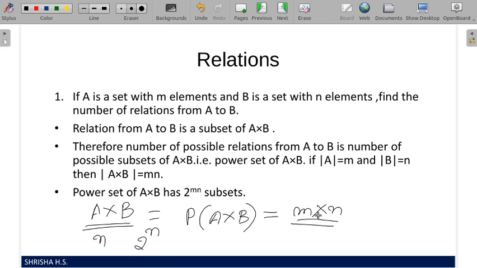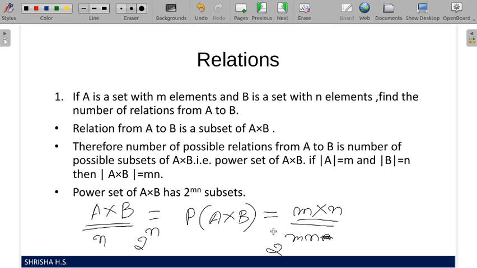So if there are m into n elements in A cross B, then 2 to the power of mn subsets are possible for A cross B.